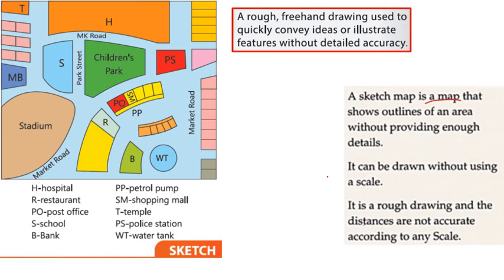It can be drawn without using a scale. This is important. No scale is involved. It is a rough drawing and the distances are not accurate according to any scale. No scale. Understand? This is sketch.